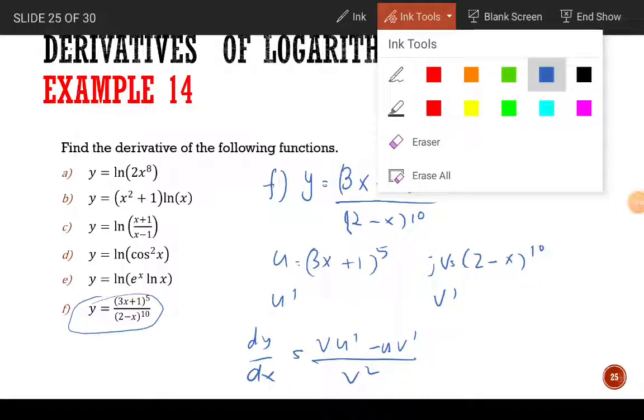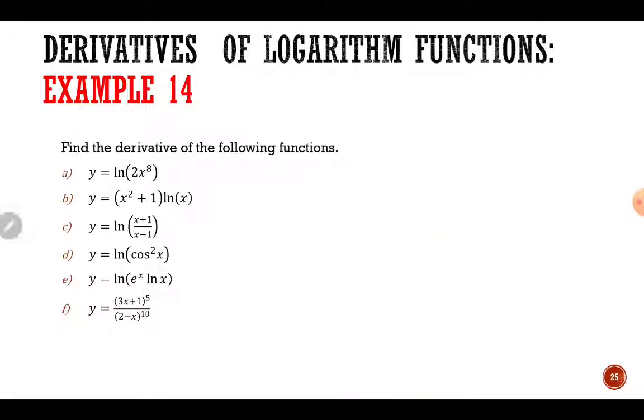The question we got earlier is y equals 3x plus 1 to the power of 5 divided by 2 minus x to the power of 10. Right? To solve, we utilize the logarithmic properties, where we convert the whole function into ln. We apply ln to both sides. When we apply ln to both sides, we balance the equation left and right hand side, so at the end it is the same as the original equation. So I apply ln to both sides.